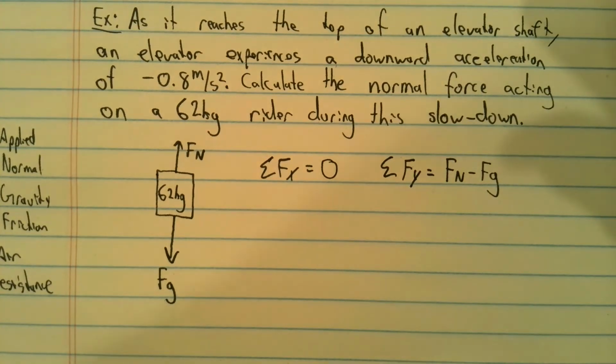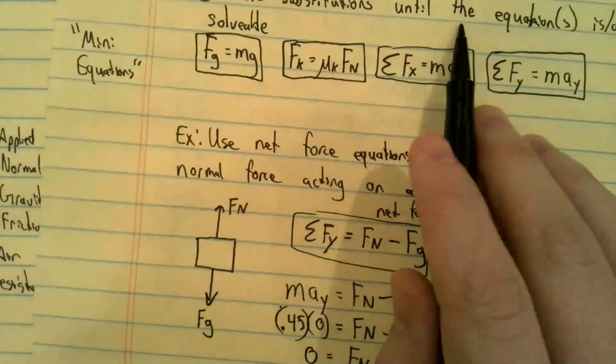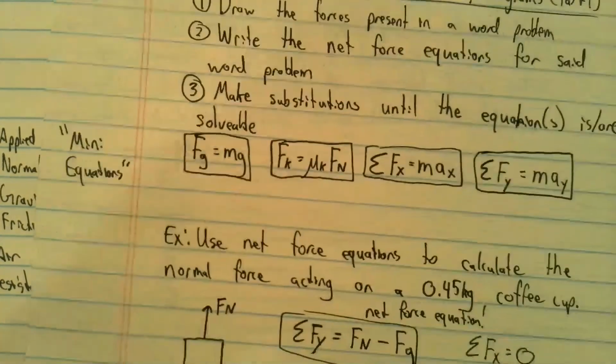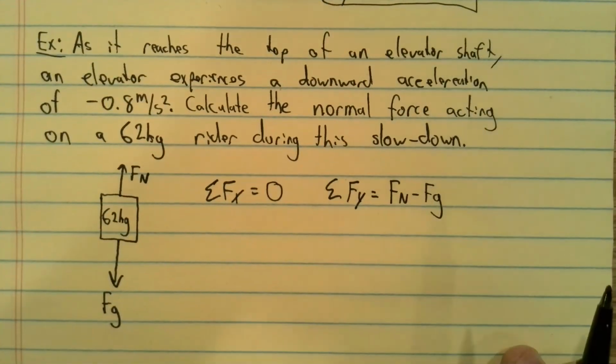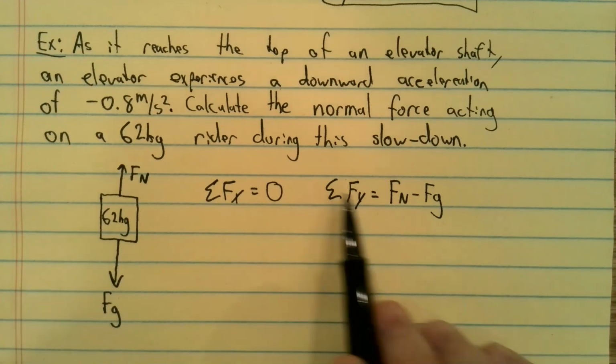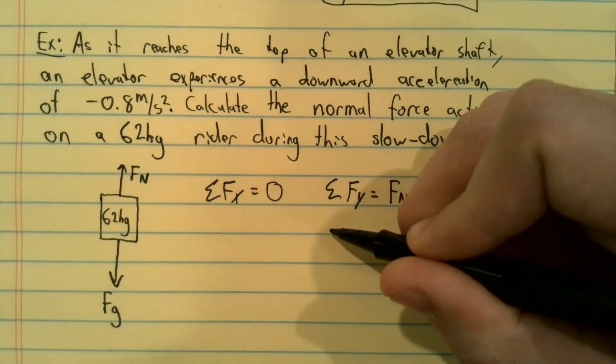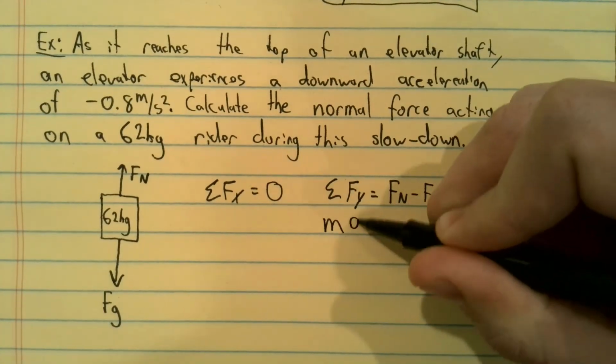Step three, make substitutions until the equation is solvable. So we'll plug in our mini equations. Remember, we're trying to get Fn. I don't know the sum of the y forces. We got to be careful on this one.